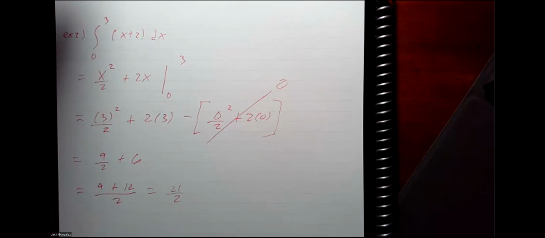So that number represents area. It can represent area. It can also represent all kinds of things, but for now, we're going to focus on area. Calculus 2 is going to go in depth into what other things this can do.